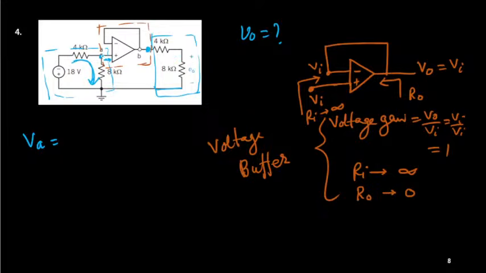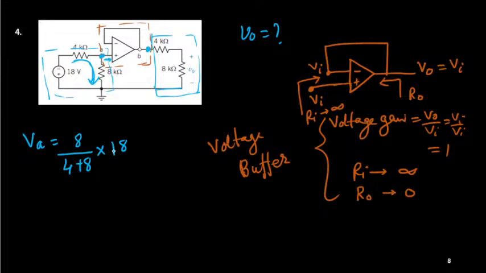VA is simply a potential divider circuit. So this is your 8K, it's a potential divider circuit, so it is 8 upon total. Total is your 4 plus 8, multiplied by the supply voltage, that is your 18 volt. So we can find out the potential at this node.